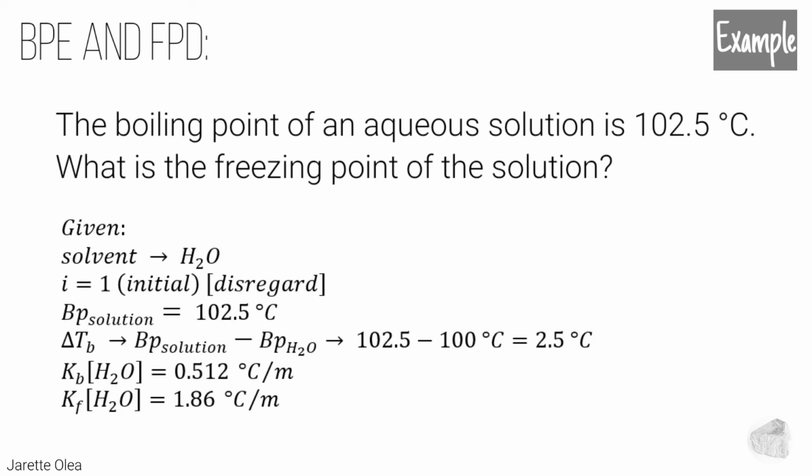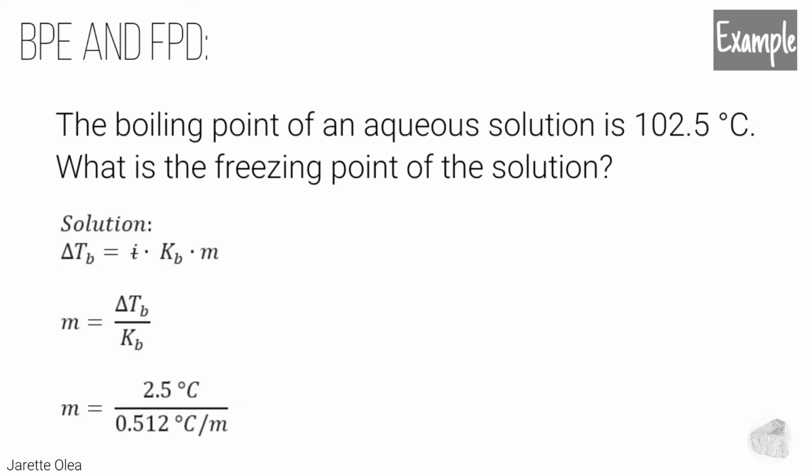We now get that the boiling point elevation is 2.5 degrees Celsius. We are also reminded that the molal boiling point and freezing point constants of water are 0.512 and 1.86 degrees Celsius over molal, respectively.